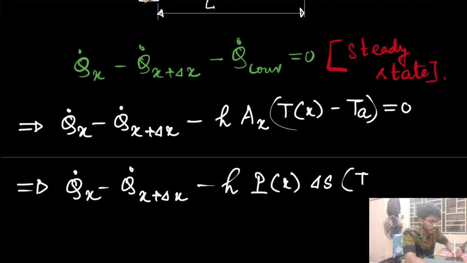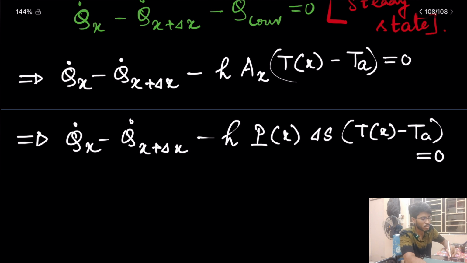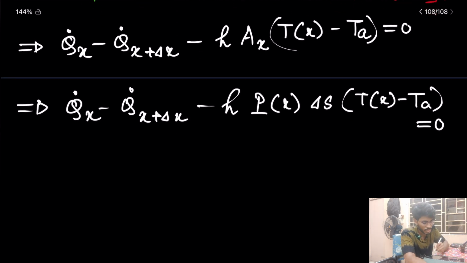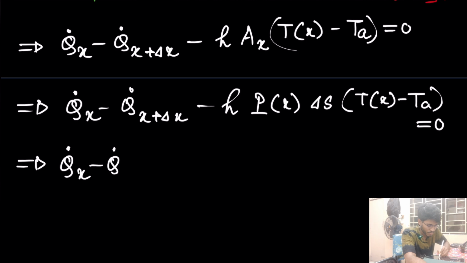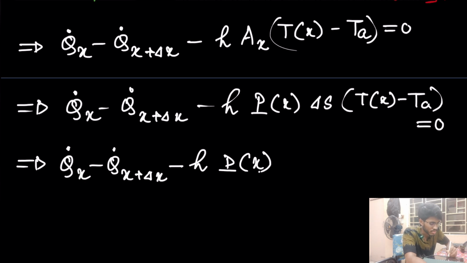For some specific cases delta s can be approximated as delta x, but from the fundamental point of view, never write delta x. Now I will still write P of x, and delta s is what?